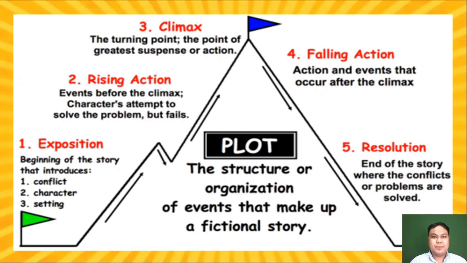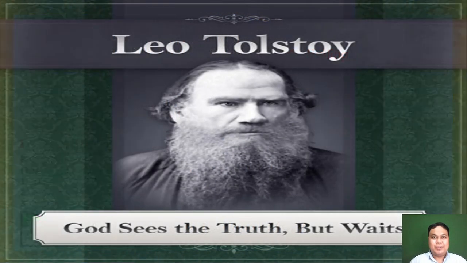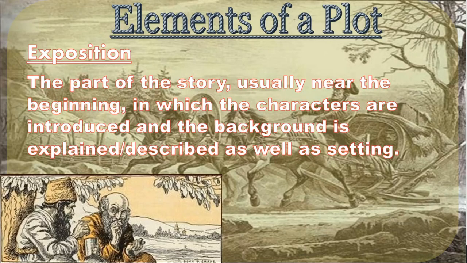And to give you a deeper understanding of its structure, we will discuss it using the story entitled God Sees the Truth But Waits by Leo Tolstoy. There was once a merchant from Vladimir named Ivan Dmitrich Aksionov. Despite the bad dream of his wife, he still pursued his plan.